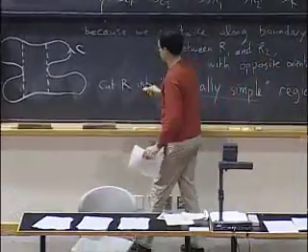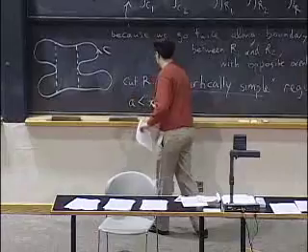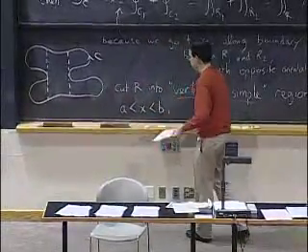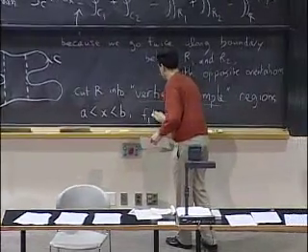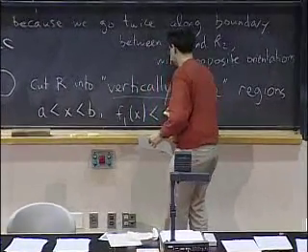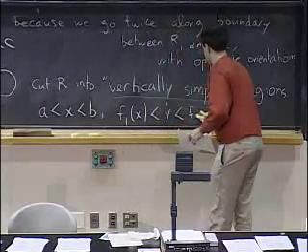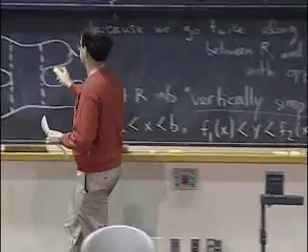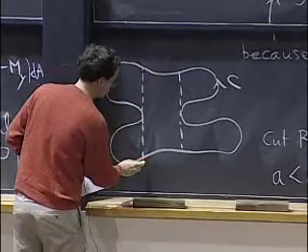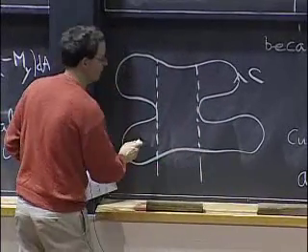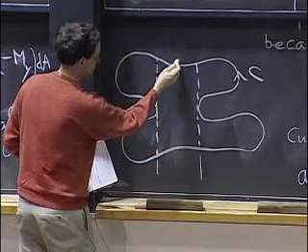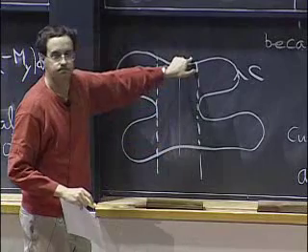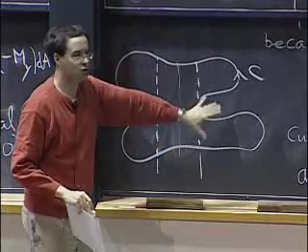That's a region that's given by looking at x between a and b for some values of a and b, and for each value of x, y is between some function of x and some other function of x. For example, this guy is vertically simple. See, x runs from this value of x to that value of x. And for each x, y goes between this value to that value. And same with each of these.